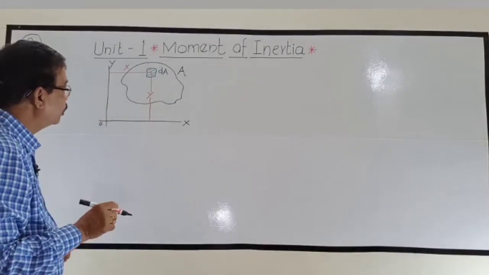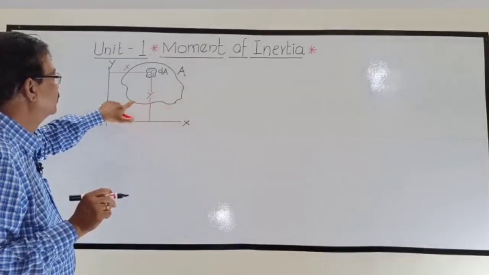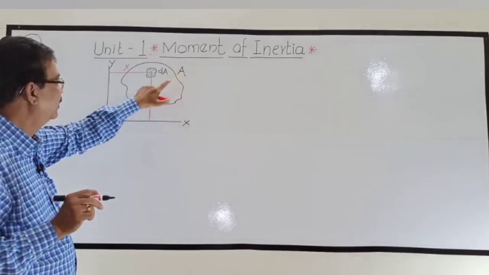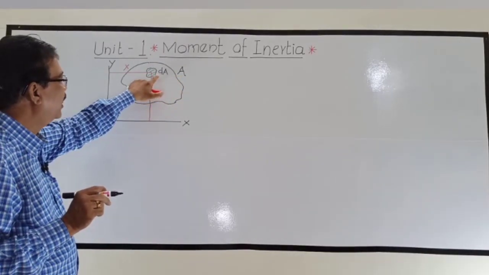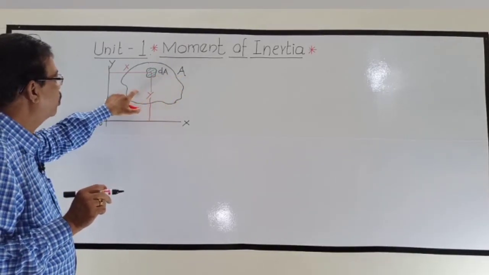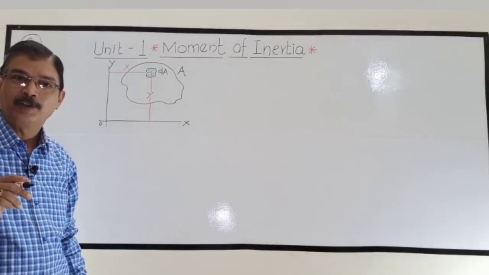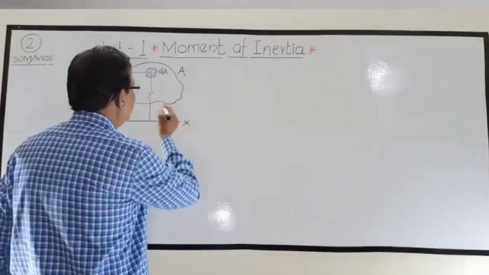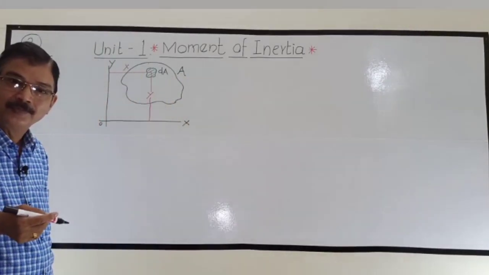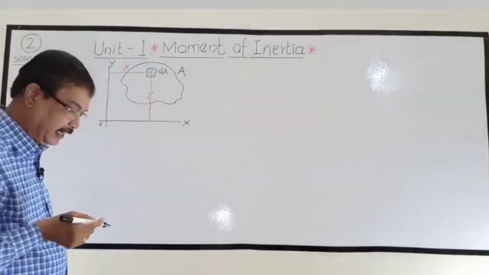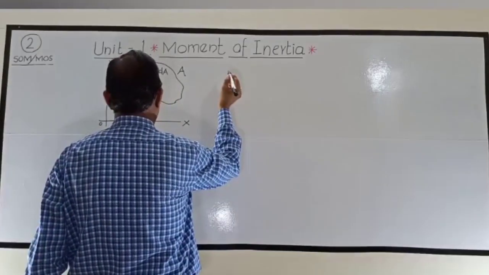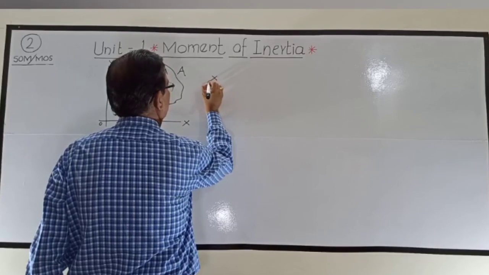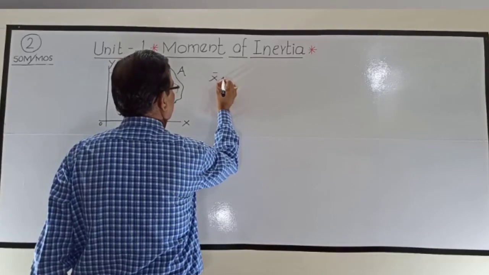Now, you know that the total area of the lamina consists of n number of such small elemental areas. So mathematically, by summing up all these moments, we get what is known as the centroid, which we saw in the first year.